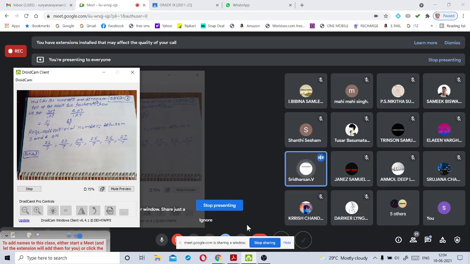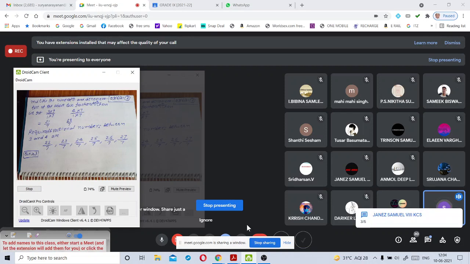Sir, they said to find rational numbers between 3 by 5 and 4 by 5. What are given in the question? We need to find 5 rational numbers, but what is the data given to us? 3 by 5 and 4 by 5, sir.